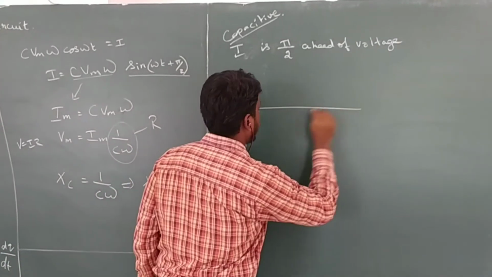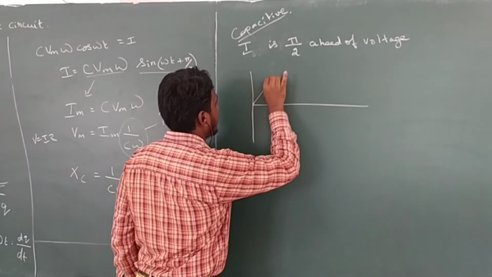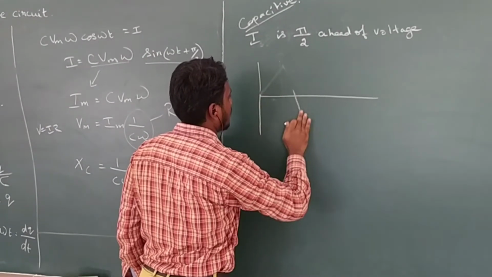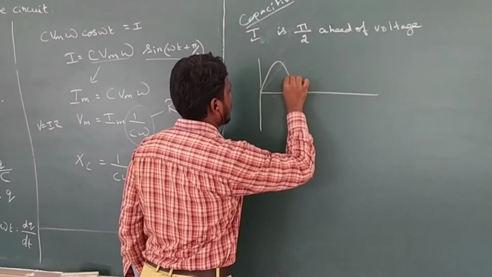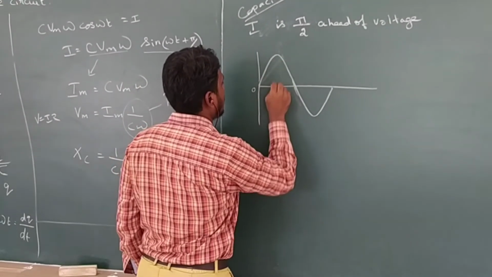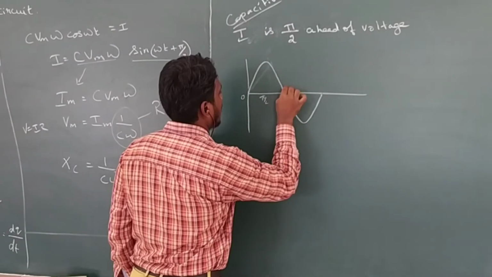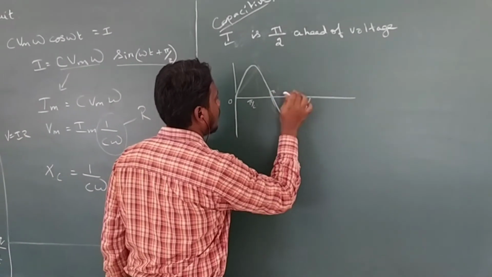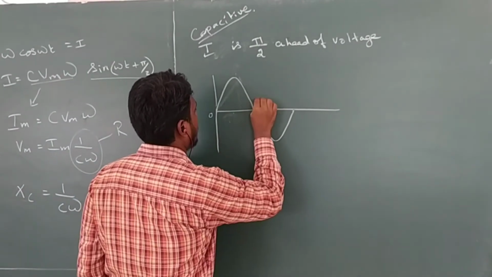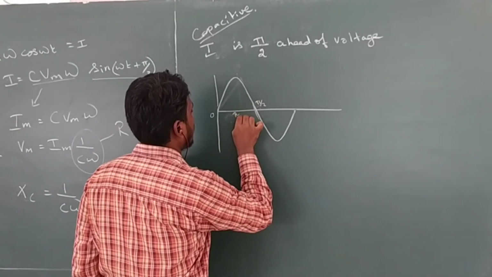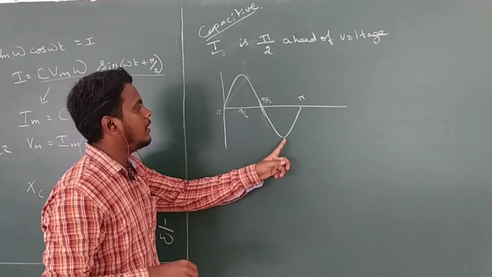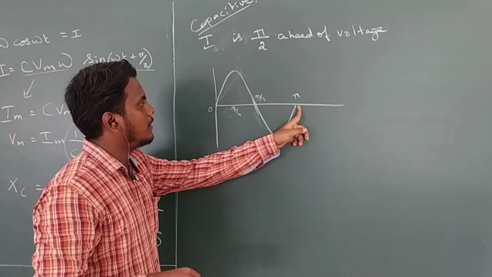In the graphical representation, initially I can represent the voltage like this, right? Fine. So this is 0, pi by 2, pi, 3 pi by 2, that is 90 degree, 180 degree, 270 degree and 360 degree.